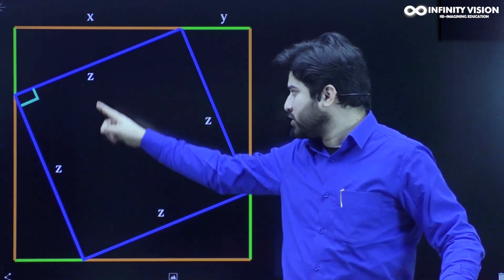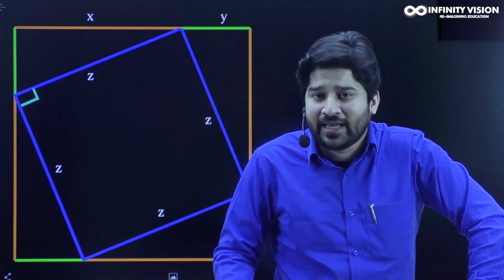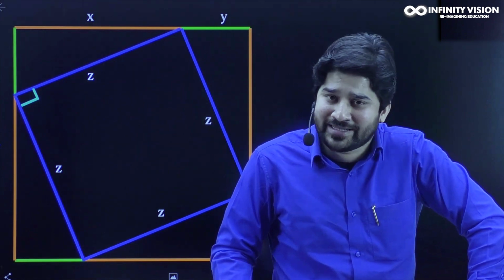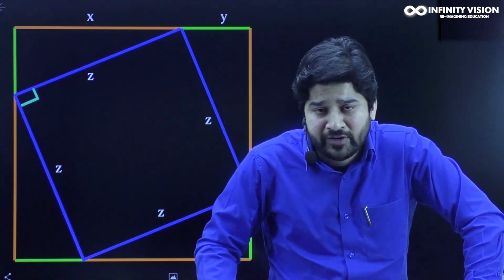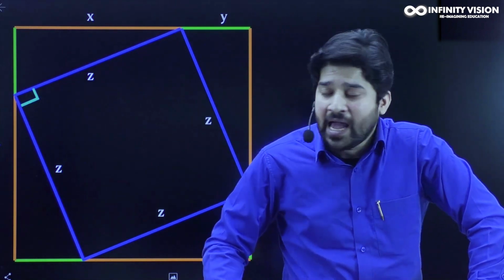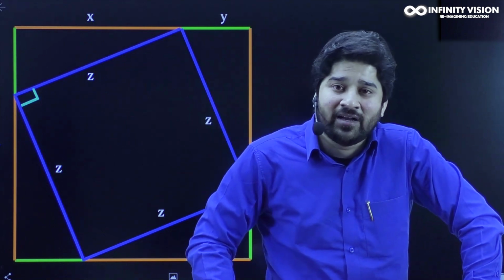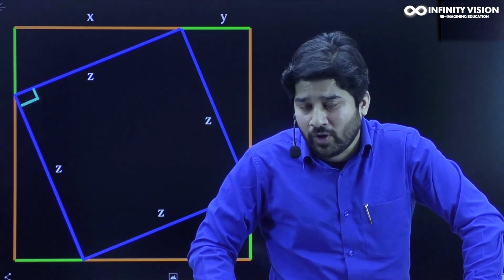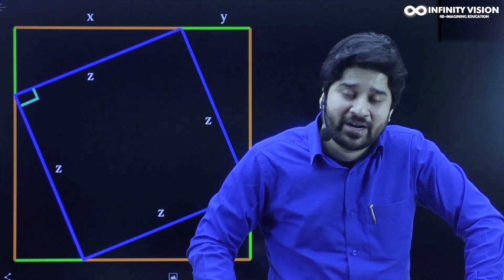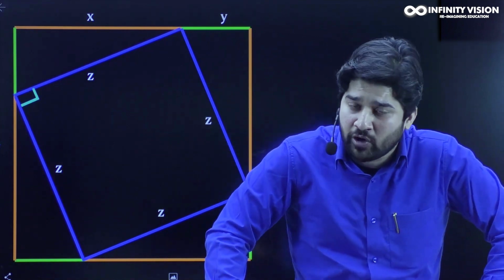Now if you look into these 4 right triangles, you see the legs being x and y, and the angle contained between x and y is 90 degrees. So you can say that all the 4 triangles are congruent, which means they are the same. And the hypotenuse of these 4 triangles is defining a quadrilateral. So you can say the hypotenuse of all the congruent right triangles would be equal. So the quadrilateral which you see is definitely going to be a rhombus.